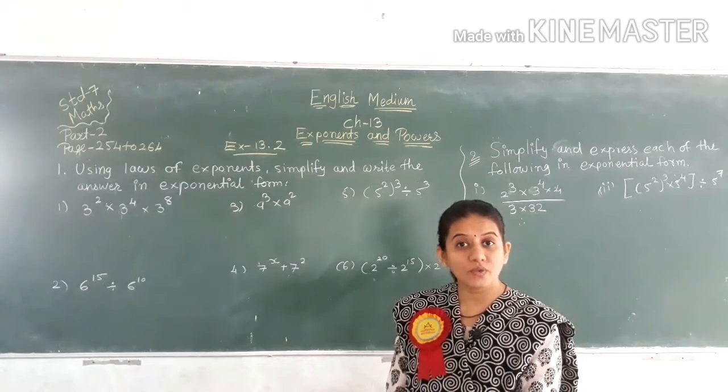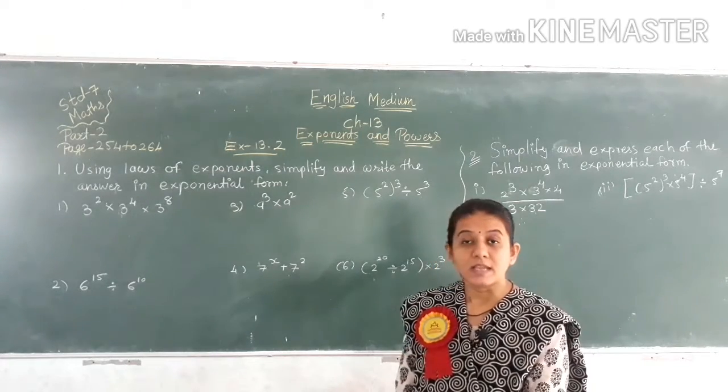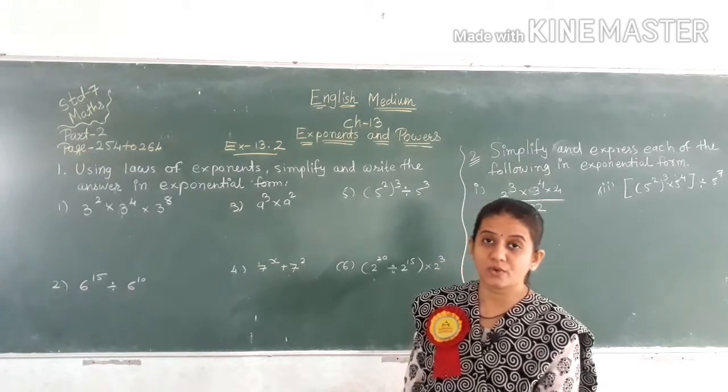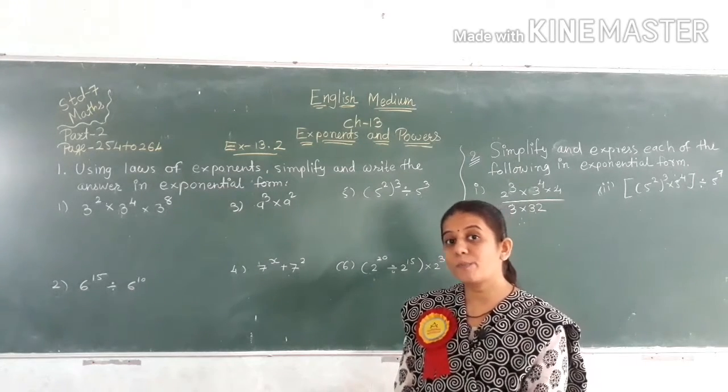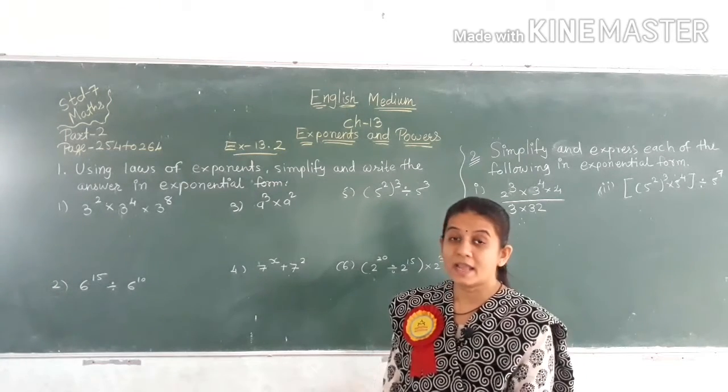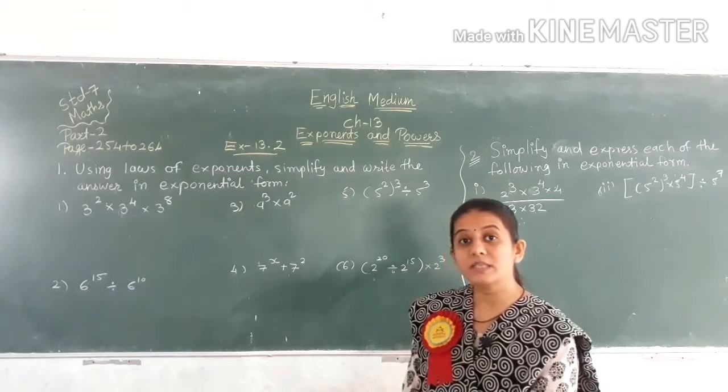The first law of exponents is a raised to m multiplied by a raised to n multiplied by a raised to p is equal to a raised to power m plus n plus p.